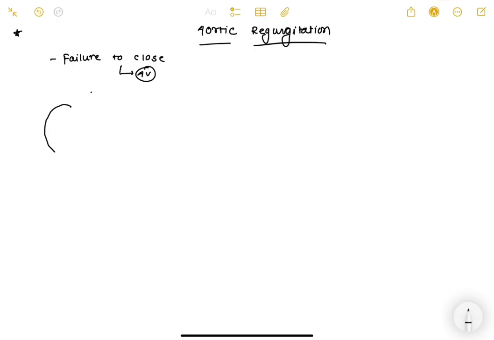Suppose this is your left ventricle, and this is your aorta, and this is the valve. After the systole, this aortic valve is supposed to close, but since it is unable to, there will be leakage.